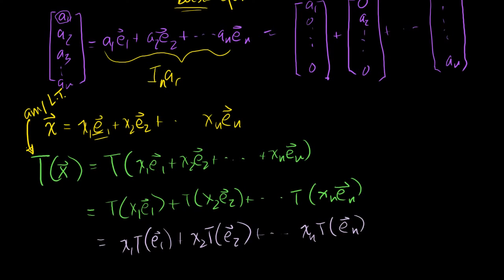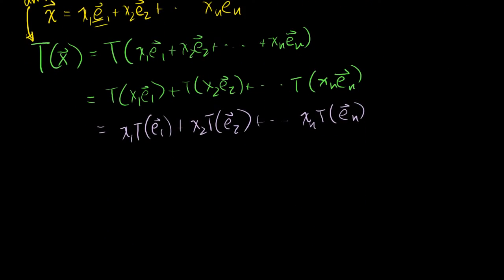Now, what is this? I could rewrite this. So everything I've done so far, the transformation of x is equal to that, using our properties of linear transformations. All linear transformations, this has to be true for them. I get to this, and this is equivalent.